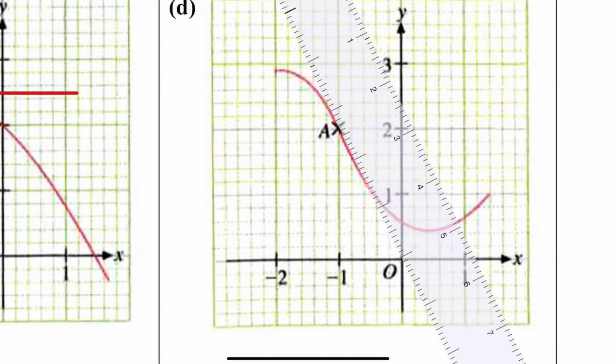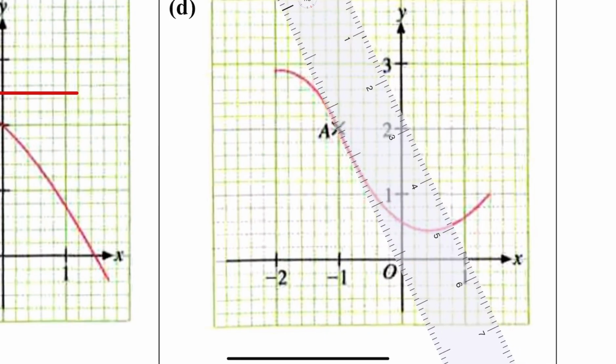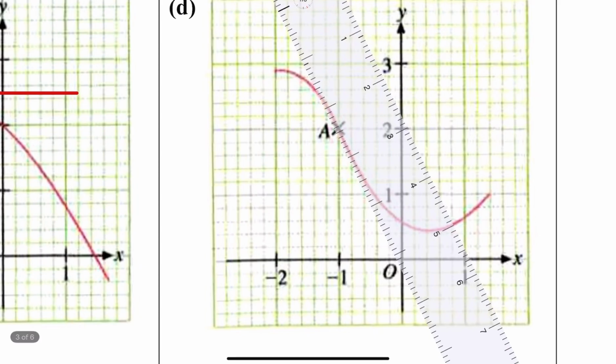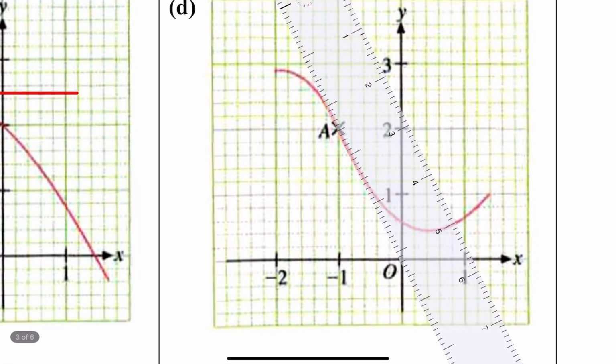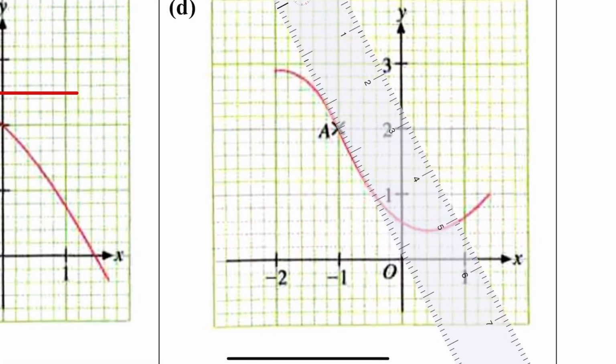Okay, so if I were to draw my tangent, it should look something like, let's say, let me measure. It should look something like, let's say, here, I think. Okay, so it should look something like this. I think something like this.